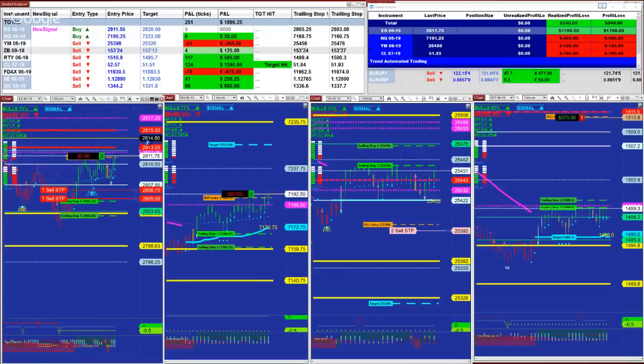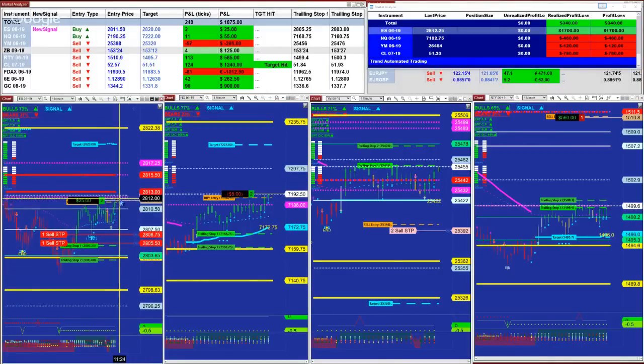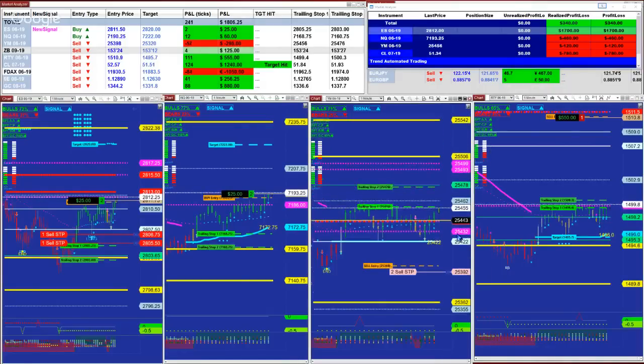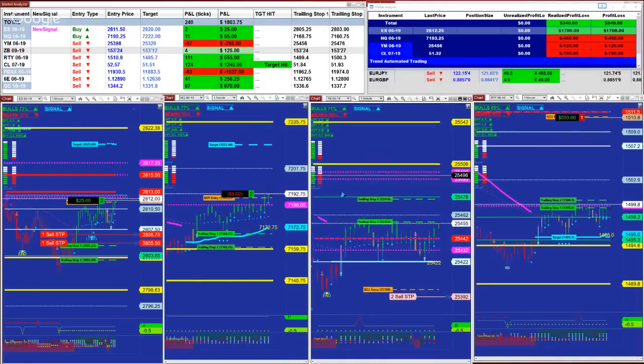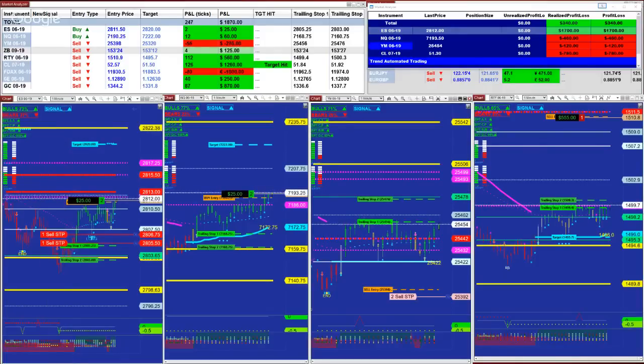And it's immediately the ES bumps into the resistance line. And now I will give you the trade on the YM, and I will give you the trade on the Russell. So what you do with it, for me, I'm totally out of it. So I just give you the signal, and it is you. We are all grown men here. So what you do with it is up to you.